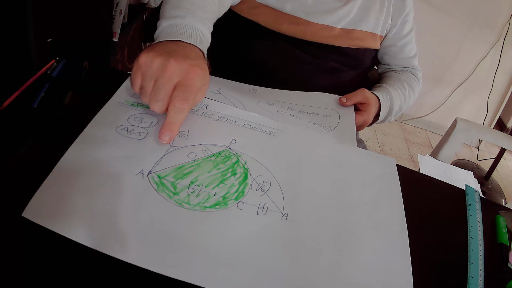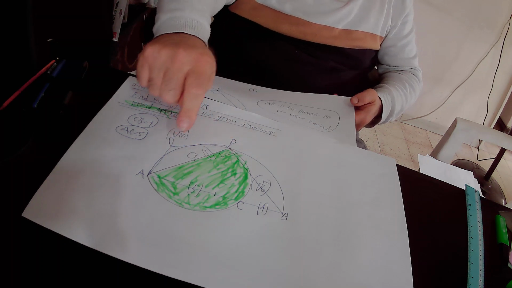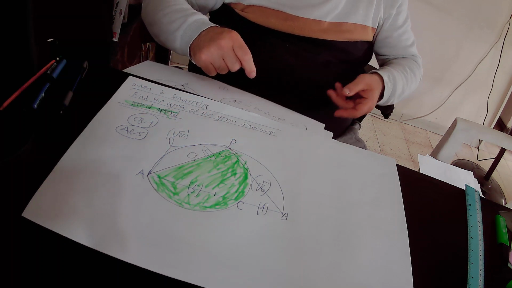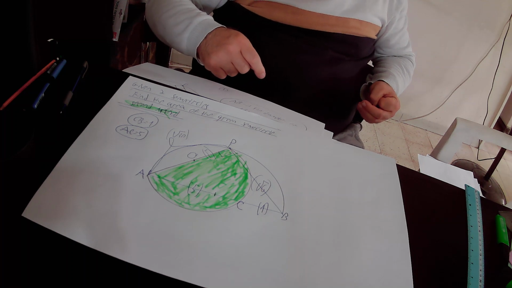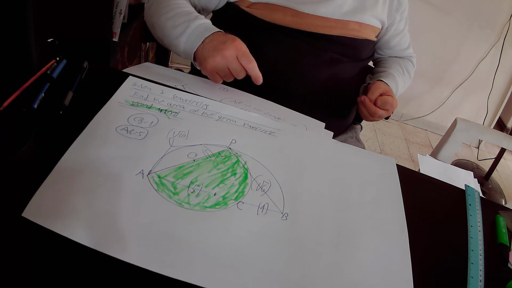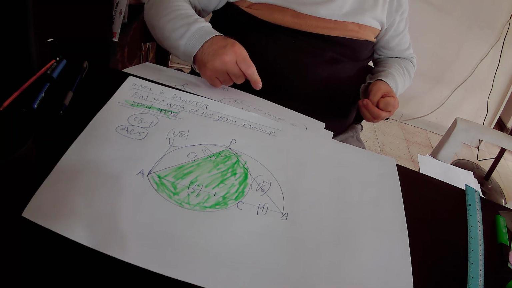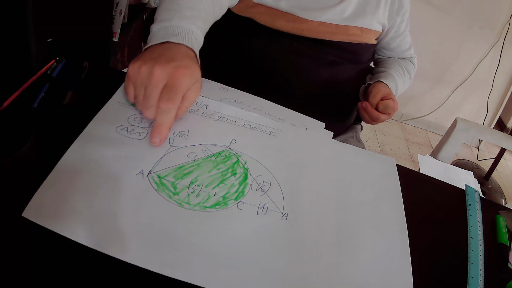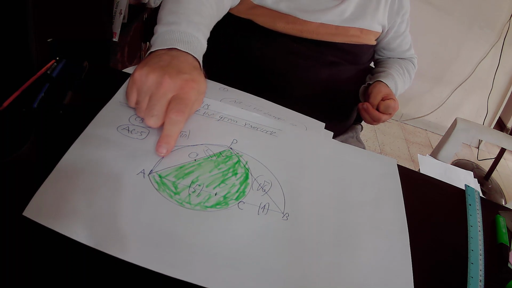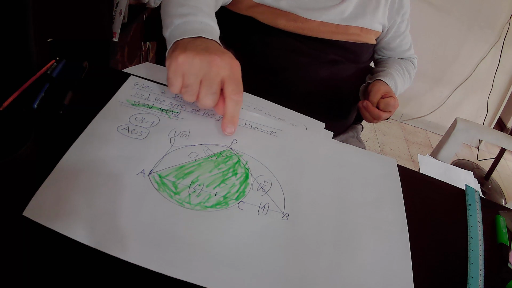PA is the diameter of this green semicircle, and you know that the center of any circle or semicircle must be located somewhere between points P and A, that is, on the diameter.